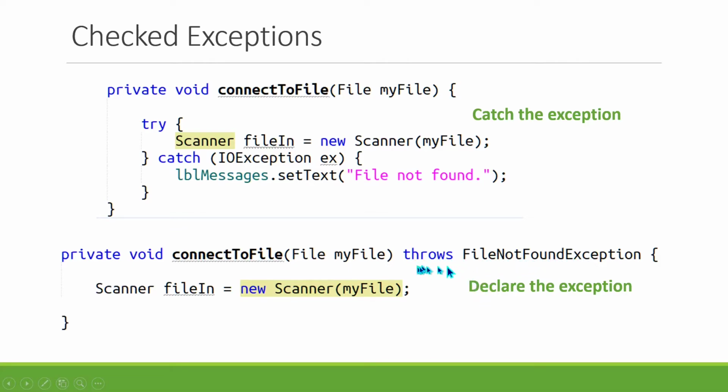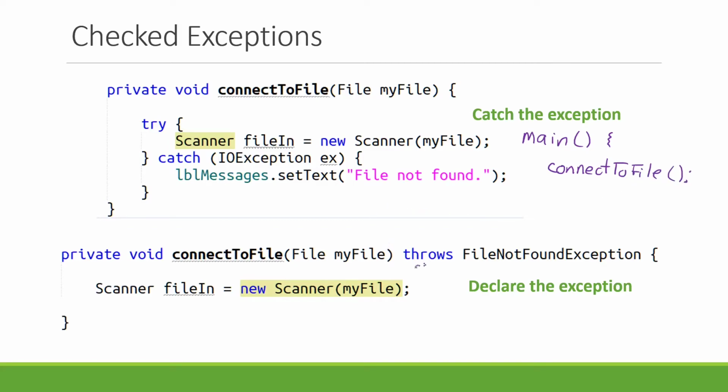What that will do, this is called declaring the exception, as we saw earlier, is if the exception does occur, it will throw it out of this method up to the calling statement. So let's say, for example, I have a main method. I'm just going to do this because I don't have a lot of room. And then in that main, I was calling connectToFile.